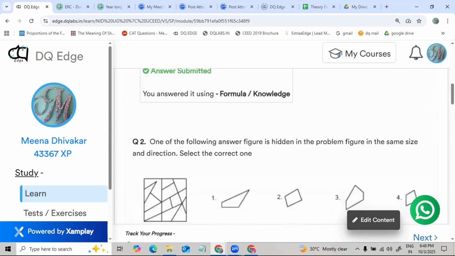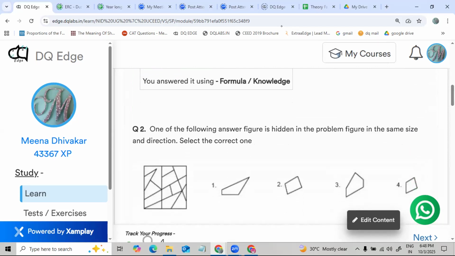Next. Can you see here which one is hidden? Ma'am, is it option 4? Where is option 4? Are you talking about this part? A little up. Okay, this is correct. Do we have this option 1 anywhere? No, ma'am.